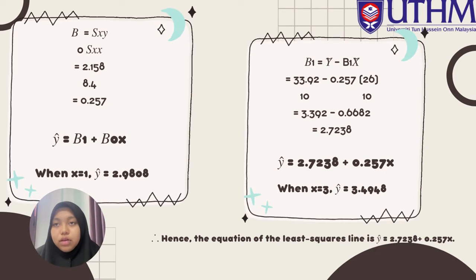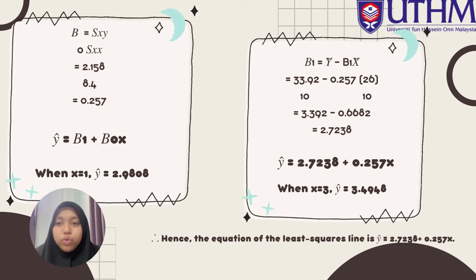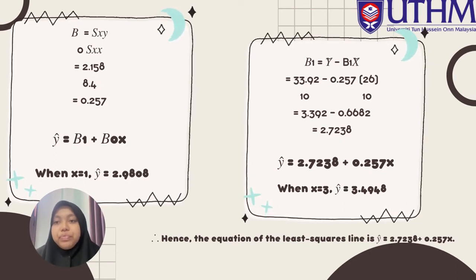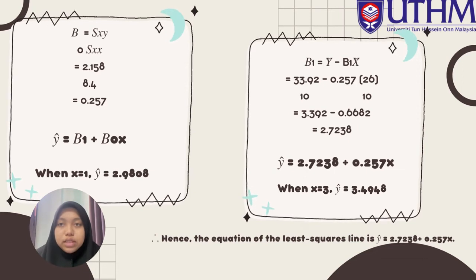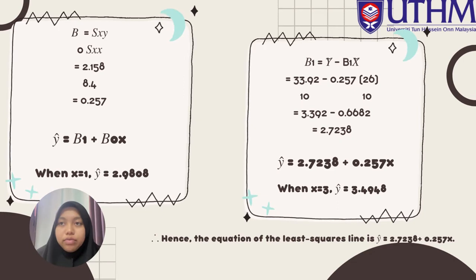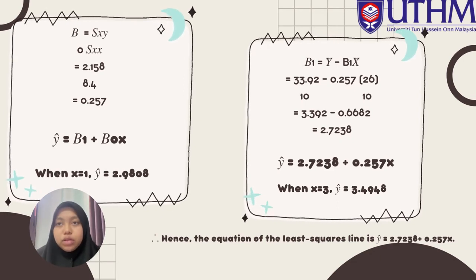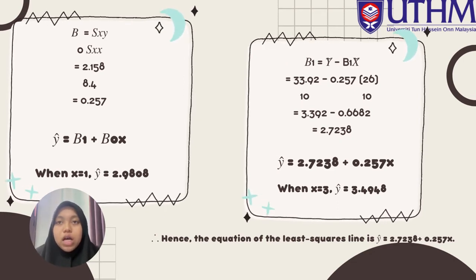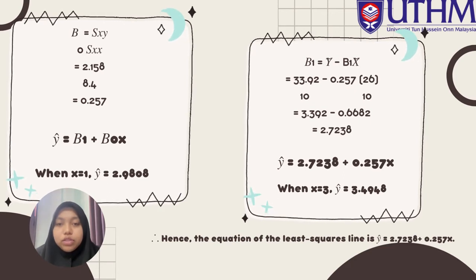Okay, to conclude, hence the equation of the least squares line is y prime equals 2.7238 plus 0.257x. In general, when the student study hours increase, the value of their grades achieved will also increase. For instance, when the student study hours increase by 1 hour, the value of their grades achieved also increases by 0.257 marks.